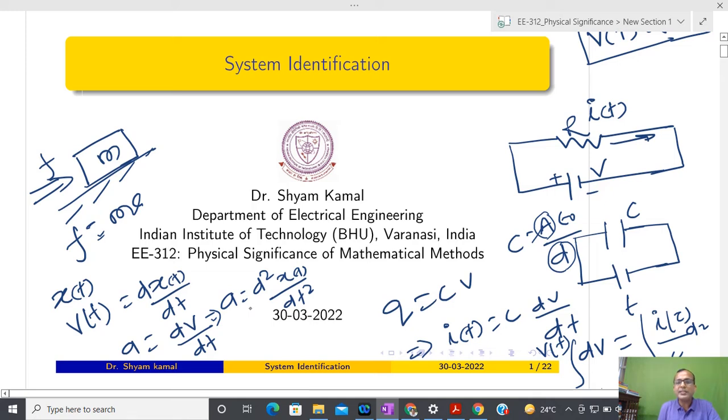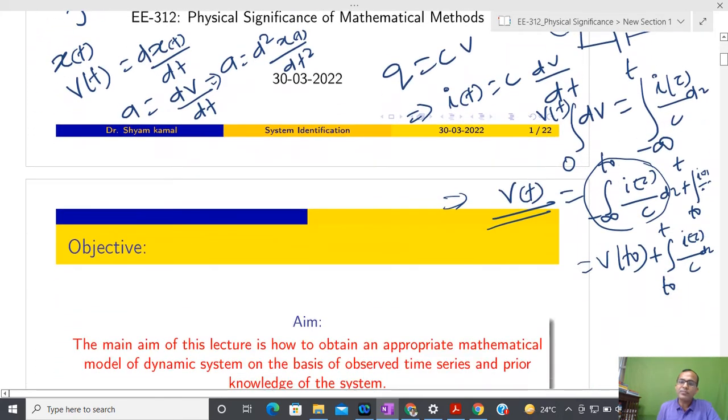We will see how I can identify those constants, such that I can uniquely predict x(t) if I know a0 or something. So I have two different classes of system, and after that we try to identify that system.